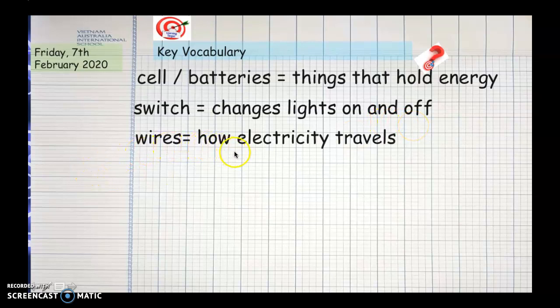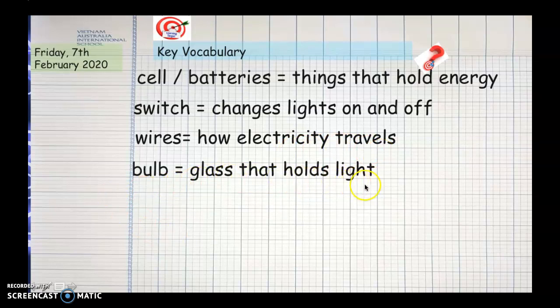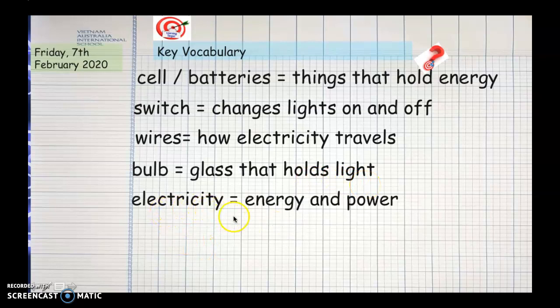Wires, how electricity travels. Bulb, glass that holds light. Electricity, energy and power. Now you will need to write this down in your notebook.